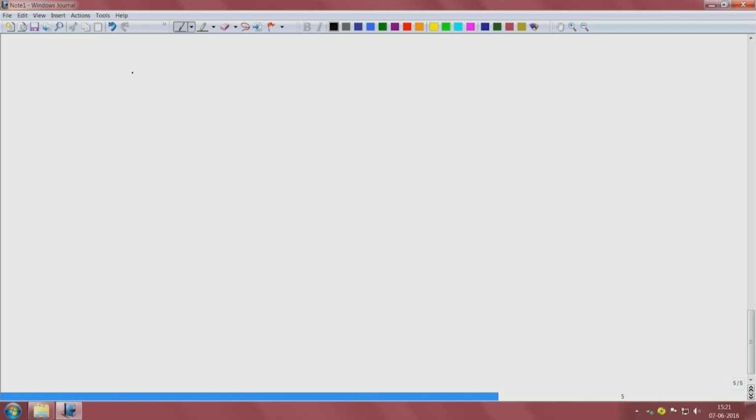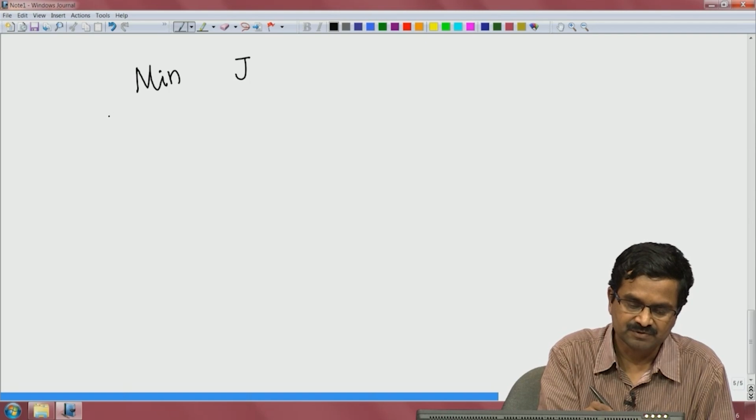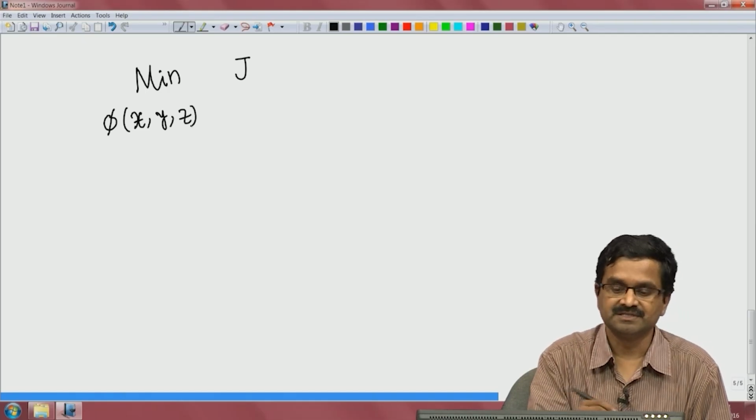So, now let us take a problem: minimize J. Since the independent variables may be x, y, z, let me take a function, let us say phi, which is a function of x, y and z, that is our design variable.